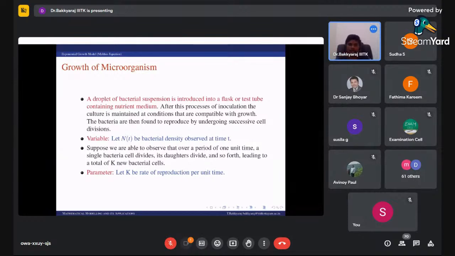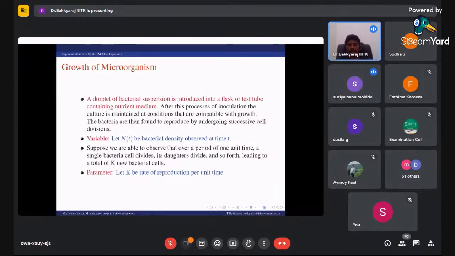That amount is what we call a parameter. Here k is the rate of reproduction over the unit time interval. Whatever the unit time we fix, in that unit time k times the original bacteria will be reproduced. That is the reproduction rate. So this is the parameter.